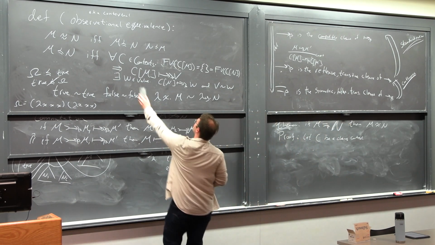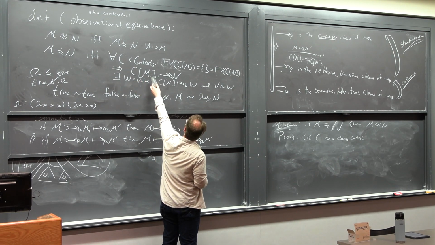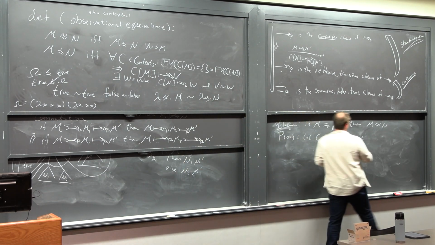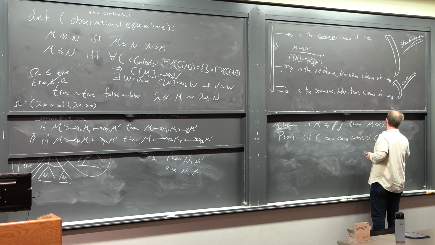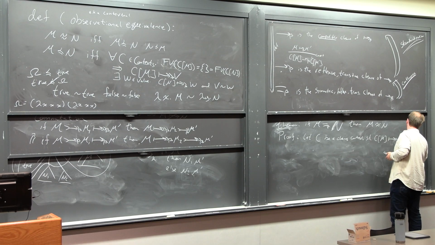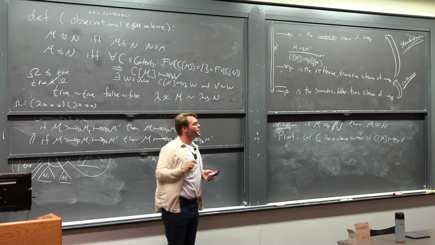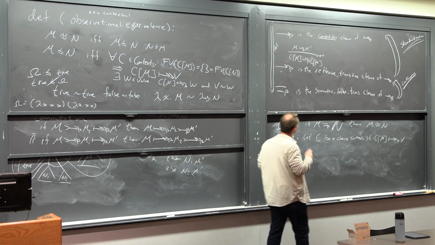OK, so you tell me that there's a context, it's a closing context. You tell me that M in that context reduces to a value, such that C of M steps to some value. And now it is my obligation to show you a similar value that N steps to. OK. So now everything's in the right order. I have all my premises.